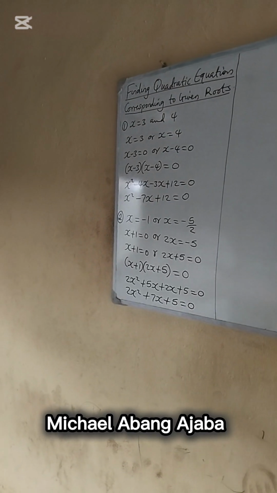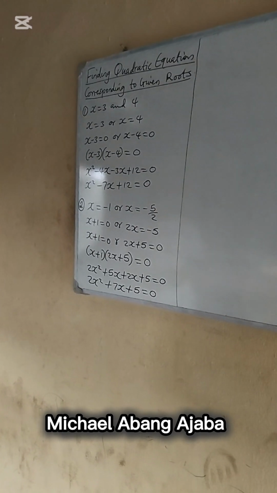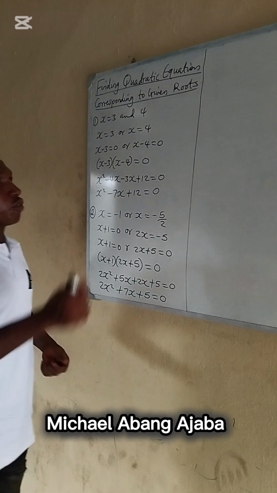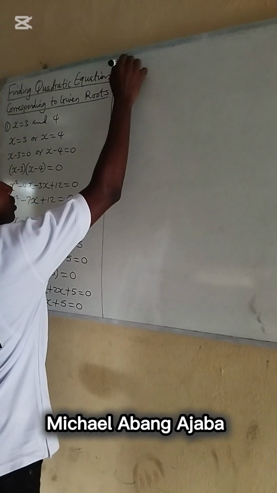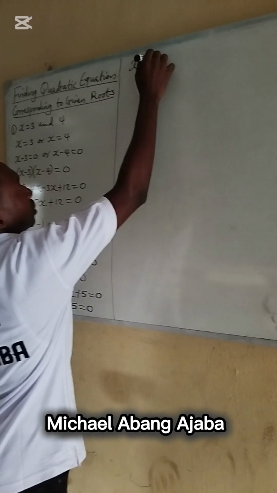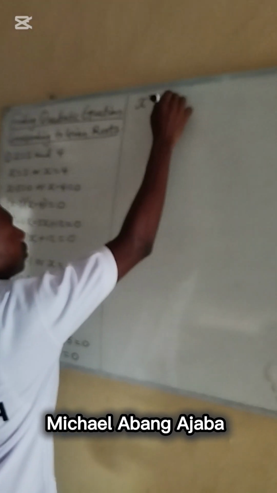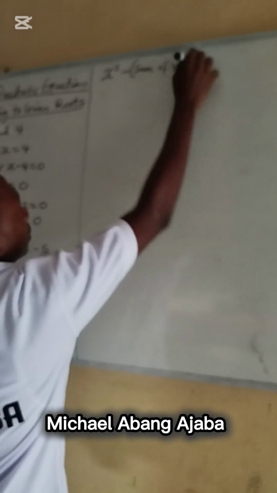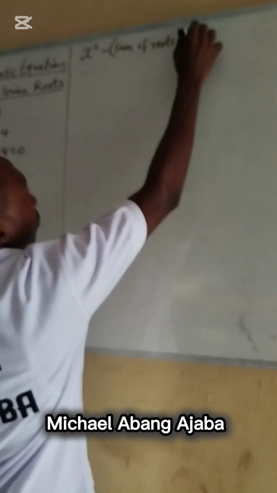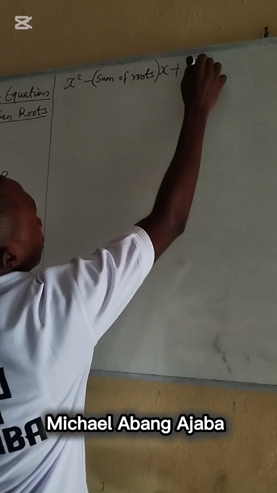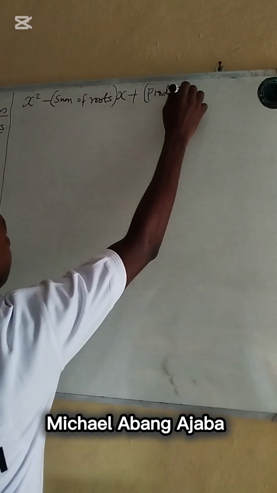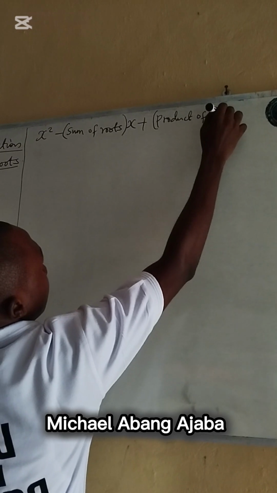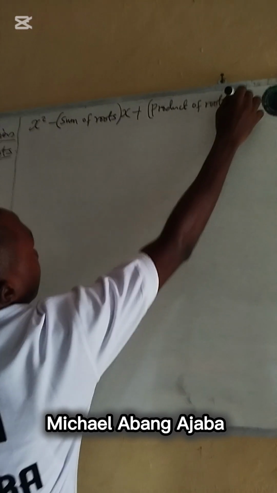We have another approach to solving this, and in this approach we are going to use a formula. The formula is x squared minus sum of roots x plus product of roots equal to 0.